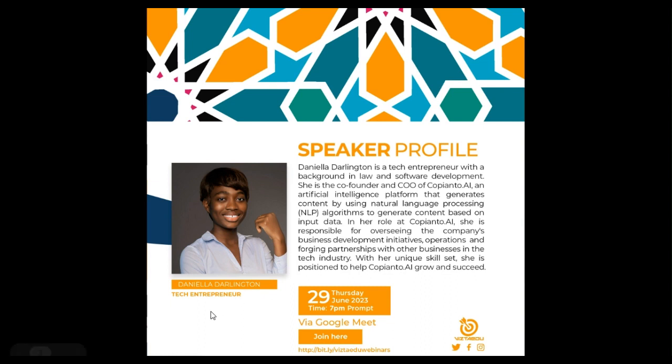There are a lot of AI tools out there that can help you create images. So you have Canva that enables you to create images and logos, etc. You have copywriting tools such as Copyanto AI that can enable you to create compelling content for your specific target audience.